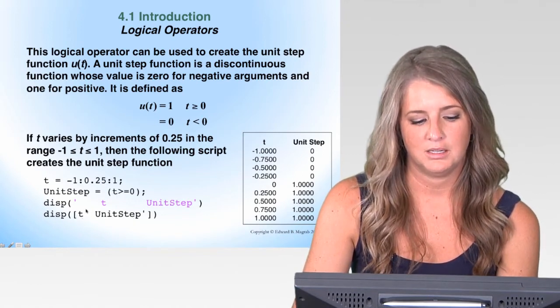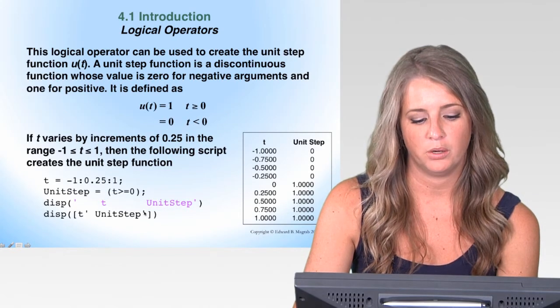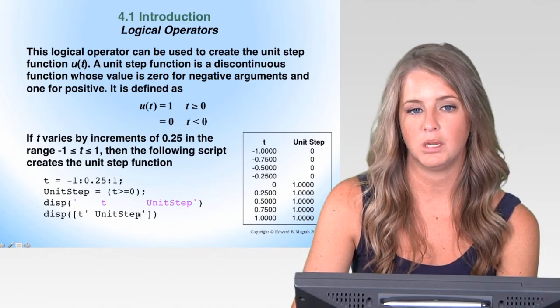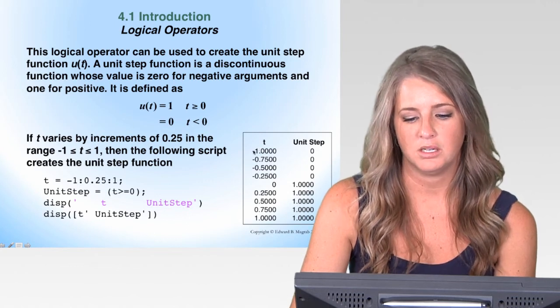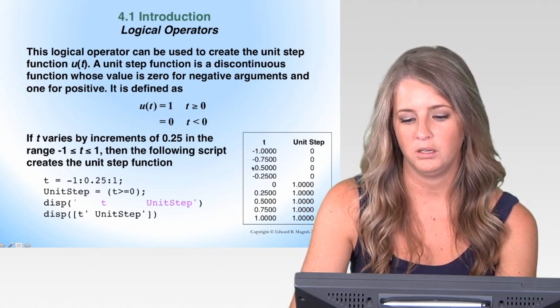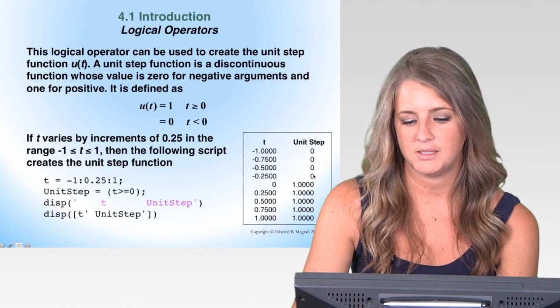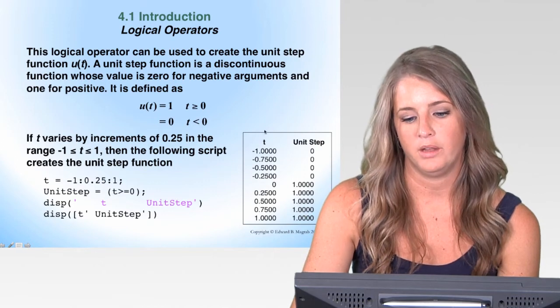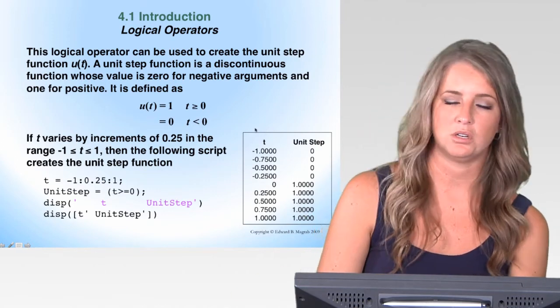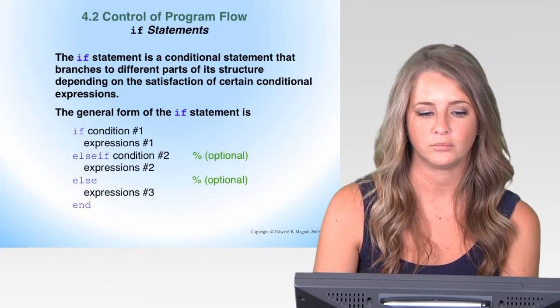And notice that the transpose symbol has been used here to make those columns instead of rows. So now you can see when we execute, when values are -1, then the unit step is 0, and when the values are positive or equal to 0, then the unit step is 1. So that satisfies the definition of the unit step function.